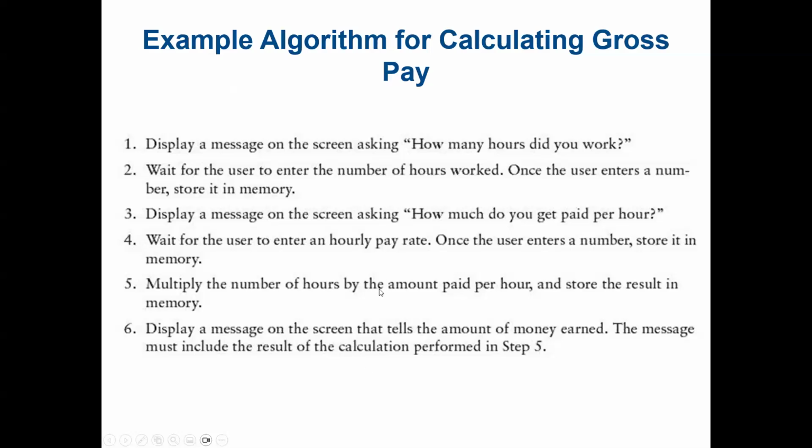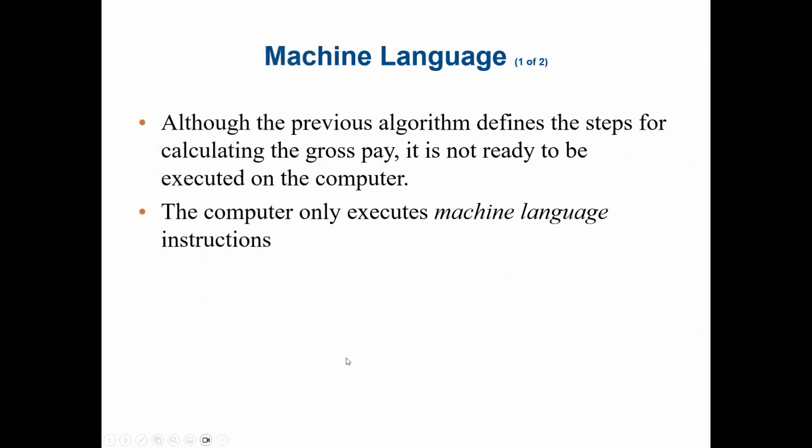Now, the goal here is to convert the algorithm to, again, a program, because a computer doesn't understand English, but rather understands machine language. Although the previous algorithm defined the steps for calculating the gross pay, it is not ready to be executed on a computer because a computer only executes machine language.